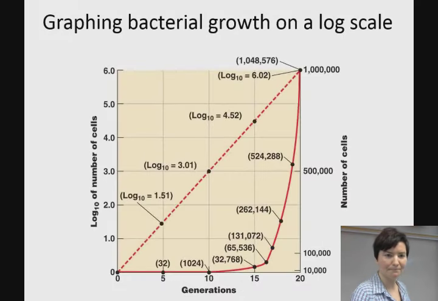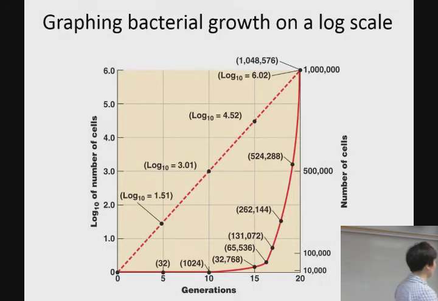Okay. So here's the difference if you're graphing. On the left, these numbers are shown on a log scale, and on the right, they're shown with real numbers. So if you're trying to graph this population using real numbers, then for the first 15 generations, there's barely any change on this particular scale, because we had to make the scale really huge in order to accommodate this final number.